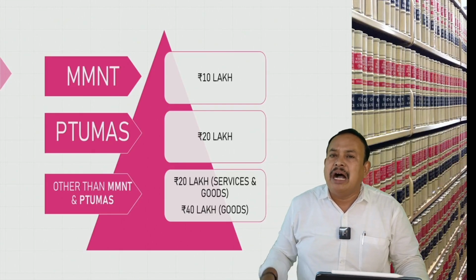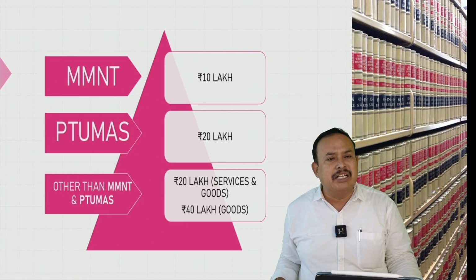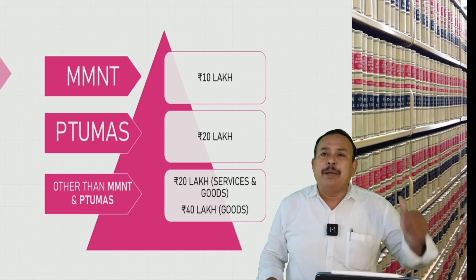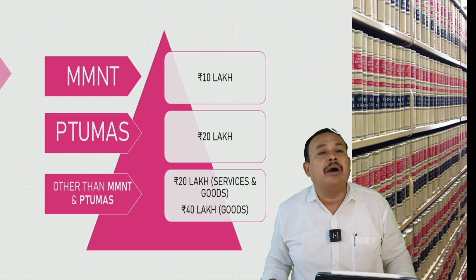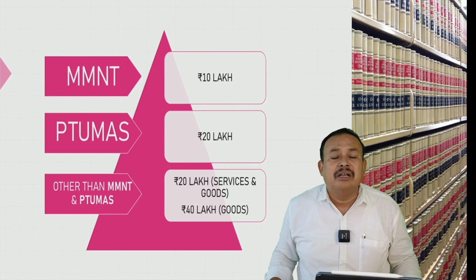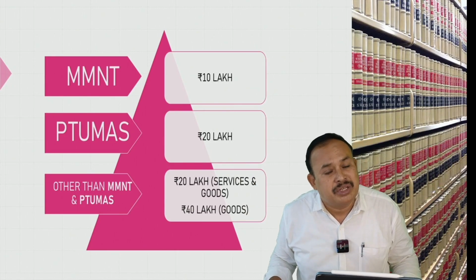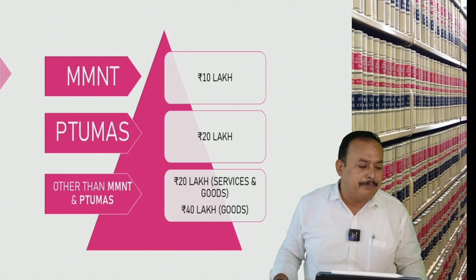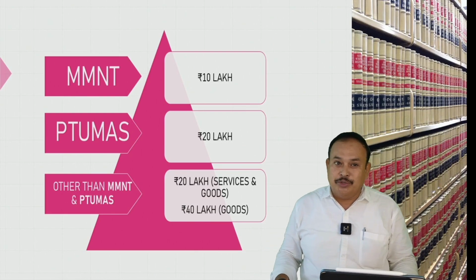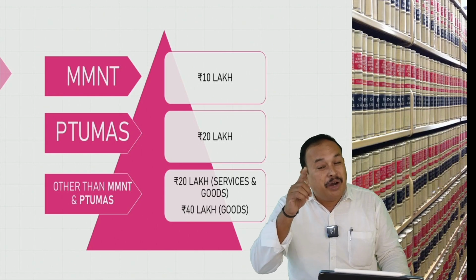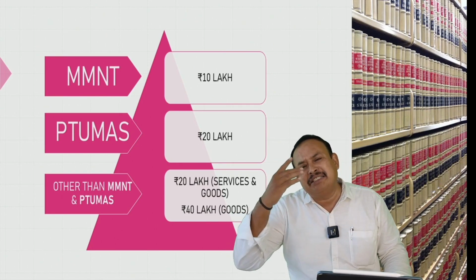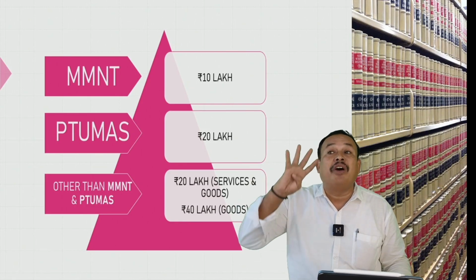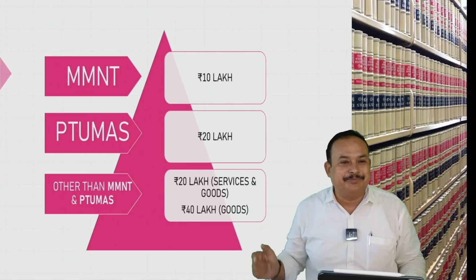No, sir. I am a trader, sir, buying and selling of motorbikes. I am a dealer in laptops, cell phones, watches. You are buying and selling goods. Yes, sir, I am a manufacturer of goods. That means dealing with goods. If so, for you the highest amount has been prescribed for registration: 40 lakhs in a financial year.